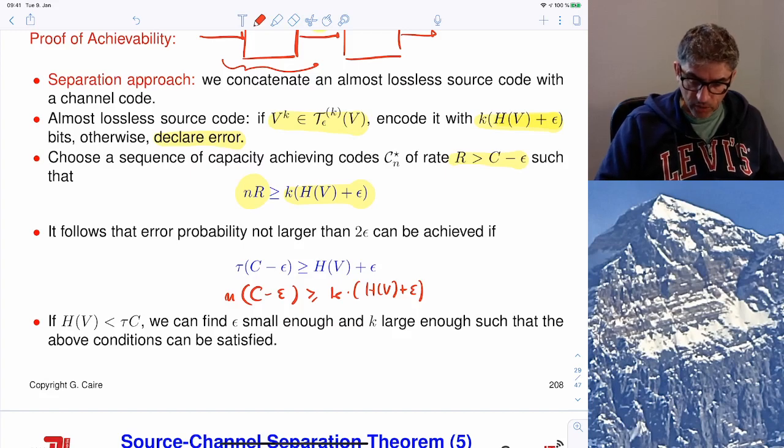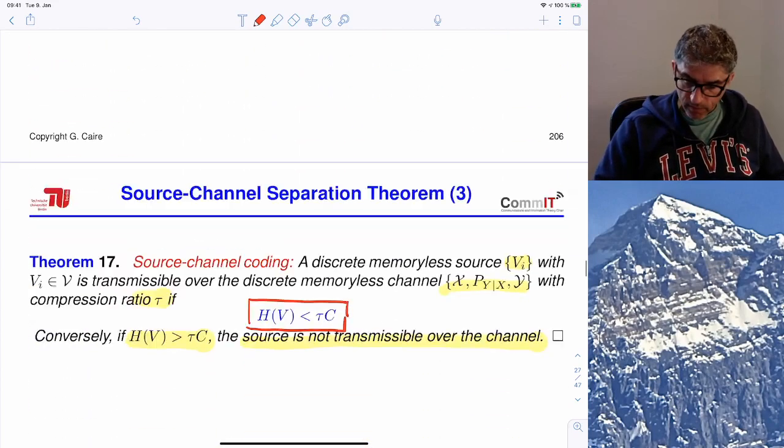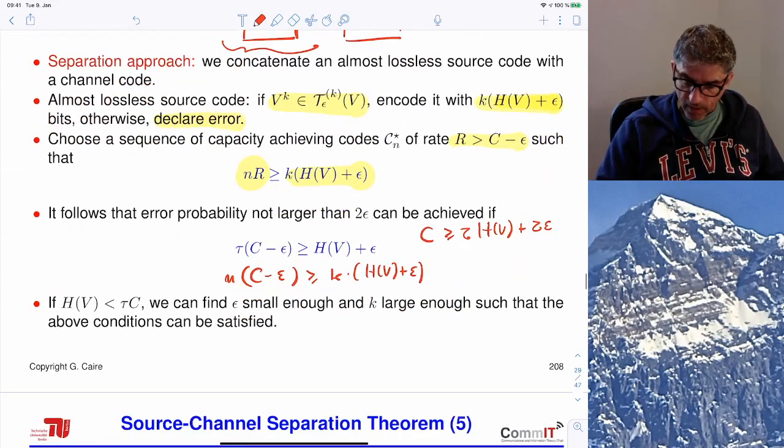So, dividing everything by n, we find that C must be greater than k divided by n, which is tau, times H(V), and then we have a quantity tau epsilon, and from here and here we have another tau epsilon, so 2 tau epsilon.